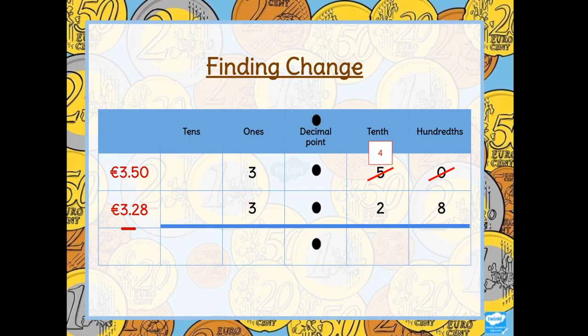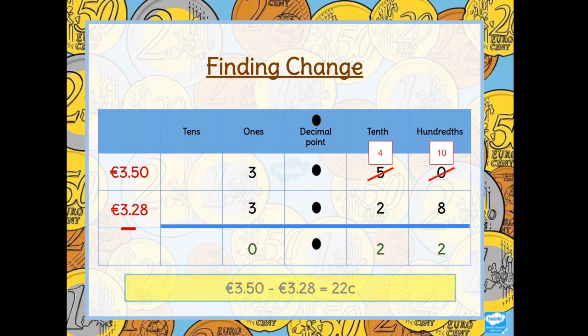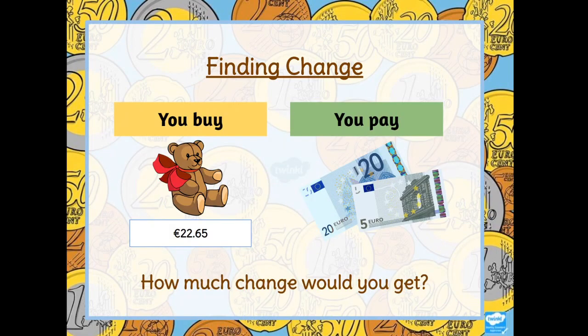So you have 4 tenths left, and you have 10 hundredths now that you can use to subtract. So you have 10 take away 8 equals 2, 4 take away 2 equals 2, and 3 take away 3 equals 0. So 3 euros and 50 cents take away 3 euros and 28 cents equals 22 cents.